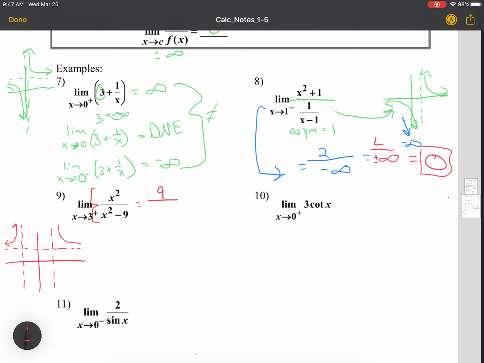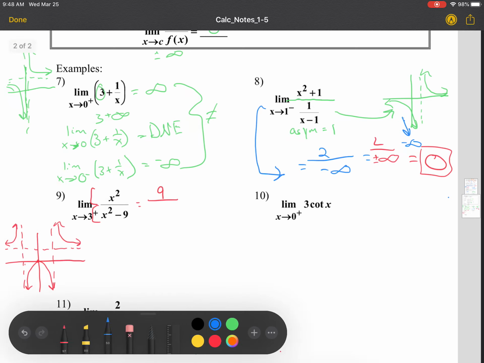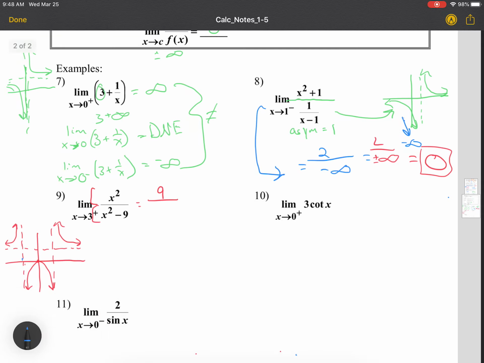We've got stuff going up here, and something that looks like that. These are at 3 and -3. That's where our asymptotes are.